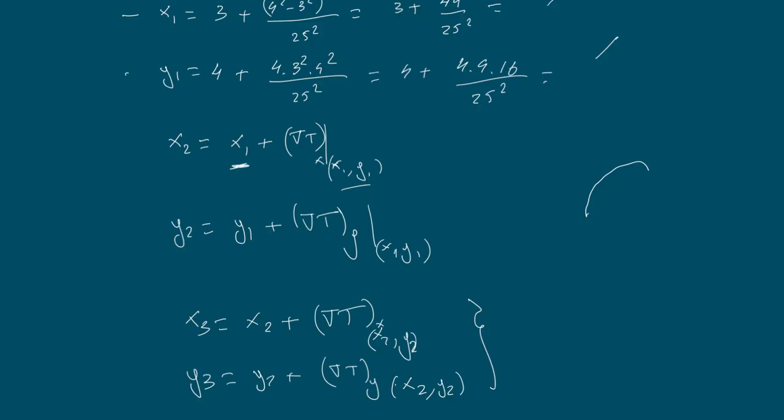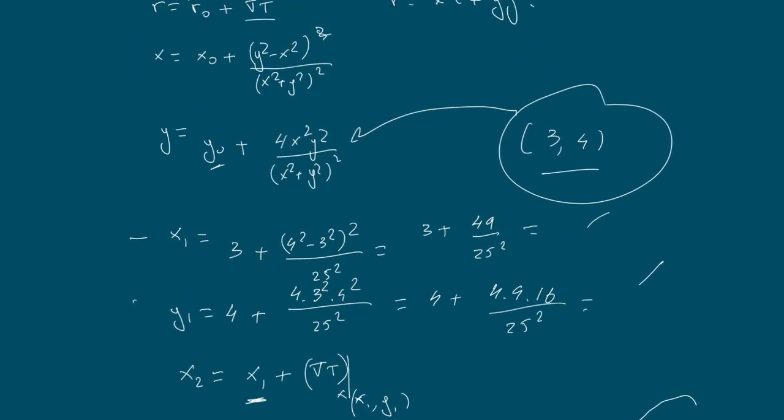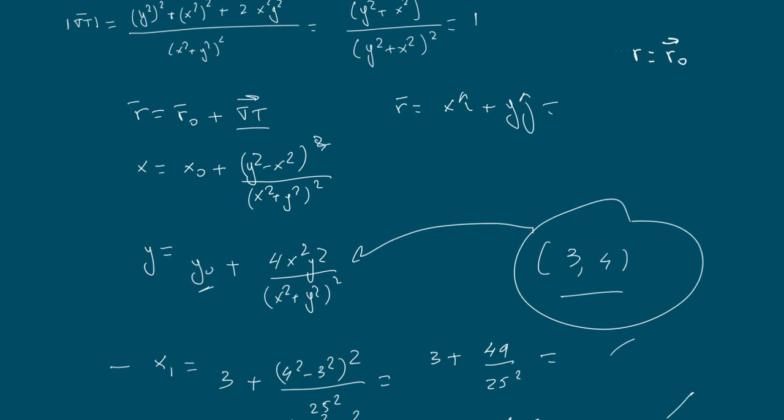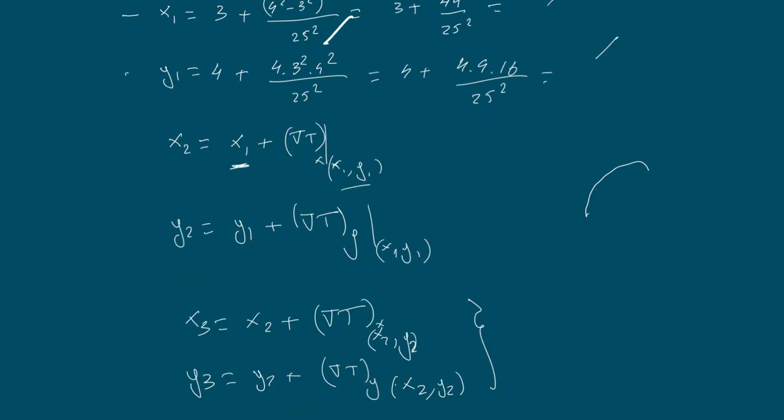Well, I have to say that this is not exactly what the Excel sheet is doing. The calculation that is being done is R equals R0 plus delta lambda multiplied by the gradient of t divided by the magnitude of the gradient of t.